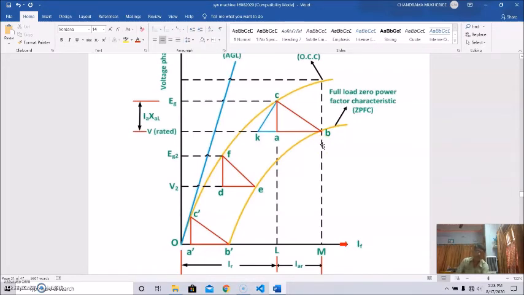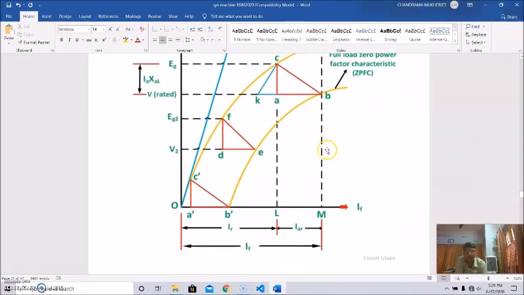characteristics. So basically, the actual synchronous machine is run in such a way that a zero power factor load is given to draw this zero power factor characteristics curve.